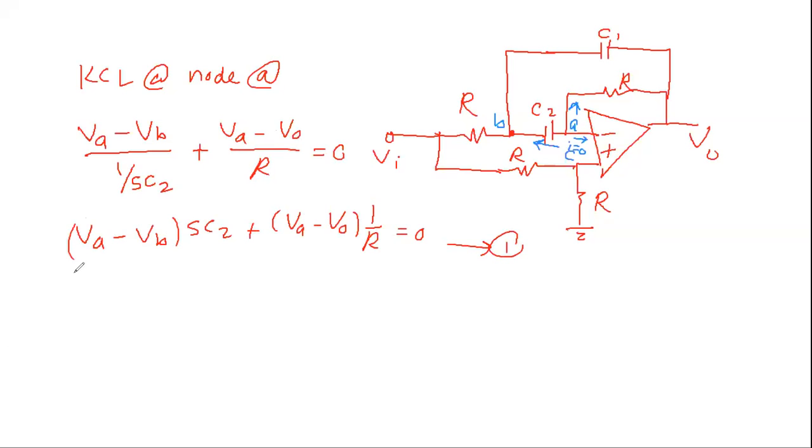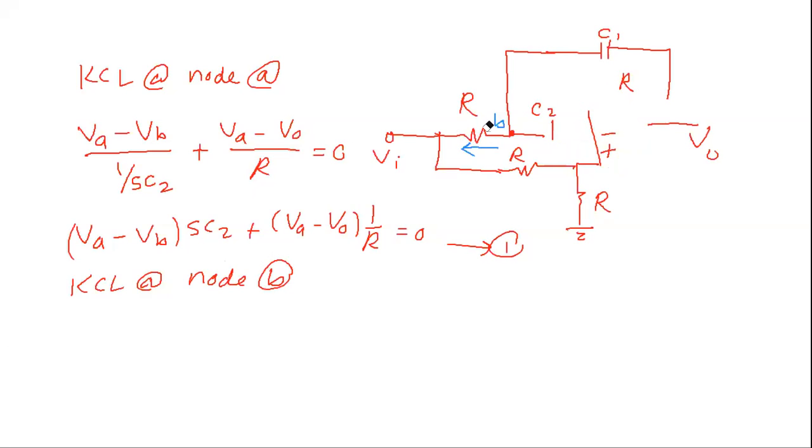Can someone give me the KCL at node B? How many currents here? Well, we have a current here. Let me just delete these currents now.